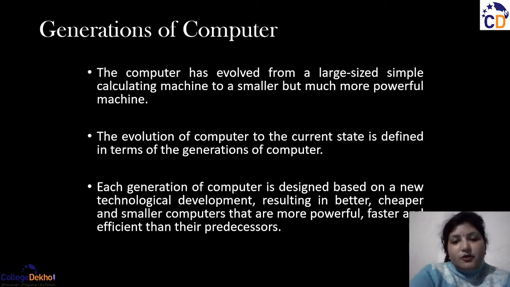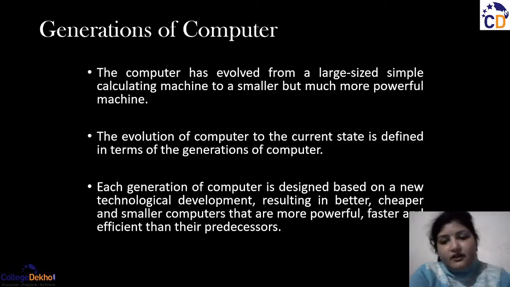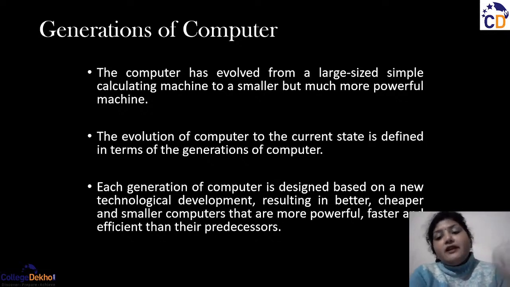Each generation of computers is designed based on a new technological development. I told you how technology evolved. If I'm talking about the internet, in the first wave we had the internet. Now in the second wave we have mobile internet. Then we have the internet of things.